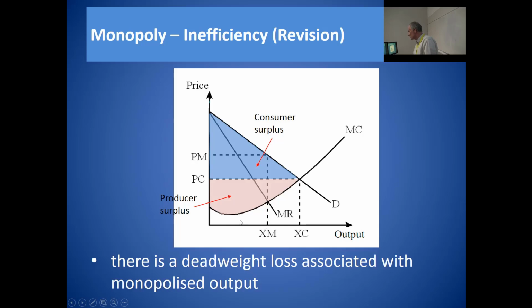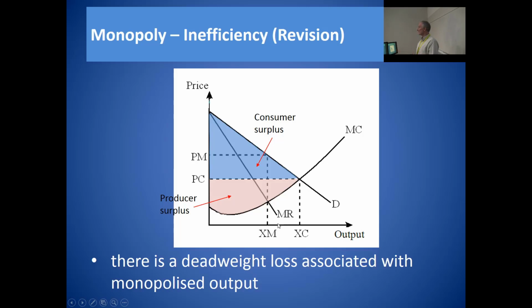Anywhere to the left of XM, marginal revenue and marginal cost are not equated. Anywhere to the right of XM, again, they are not equated. So, for all the output levels that the monopolist could produce, the most profitable one is an output level XM.